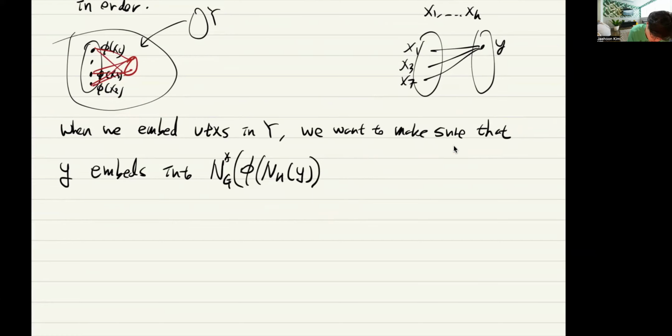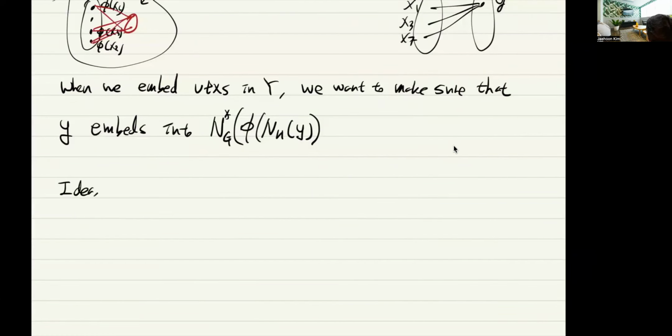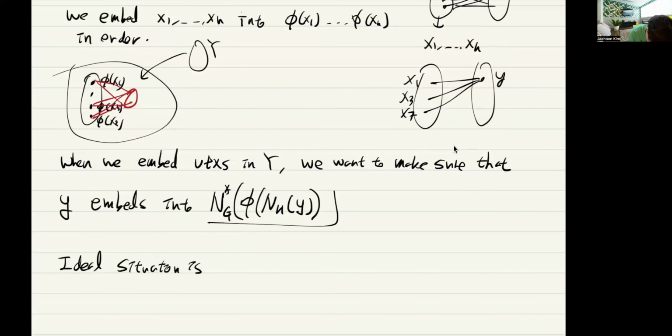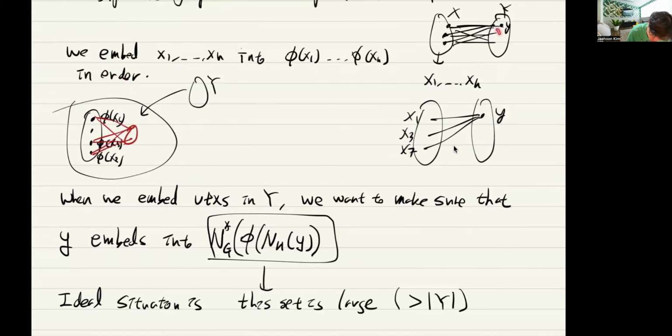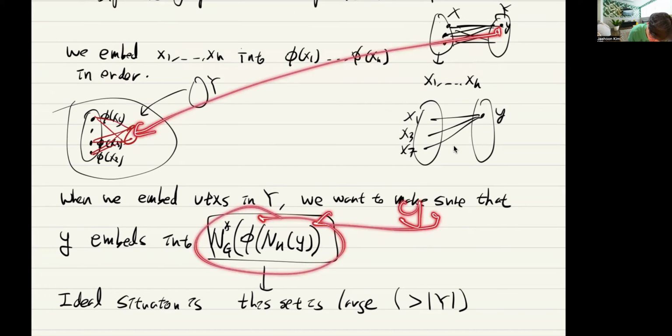Then what's the ideal situation? The ideal situation is that this set is large. That means there are many candidates for embedding Y. Ideally, it's even larger than the size of Y. Then what happens? You take one vertex and embed it here. And then for the next vertex of Y, you want to embed it here, but you have to avoid the previous vertex that you chose.